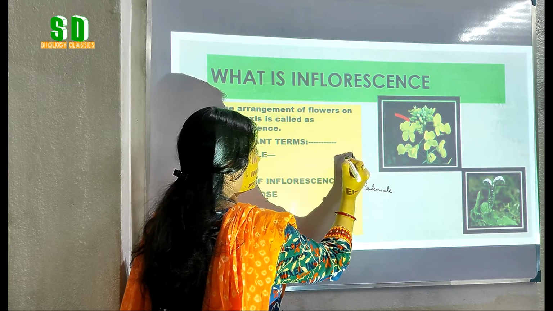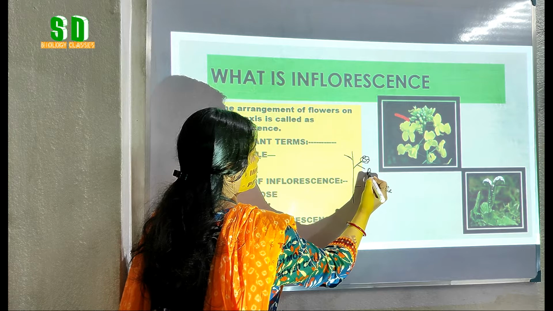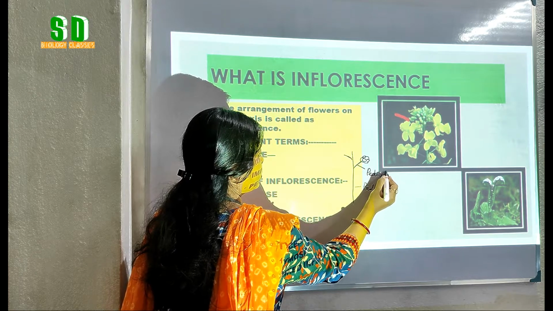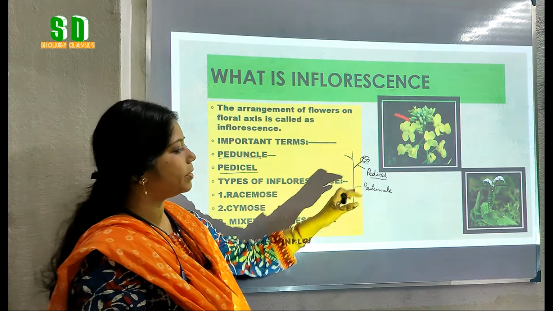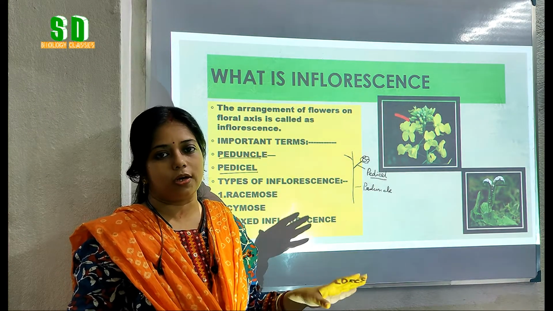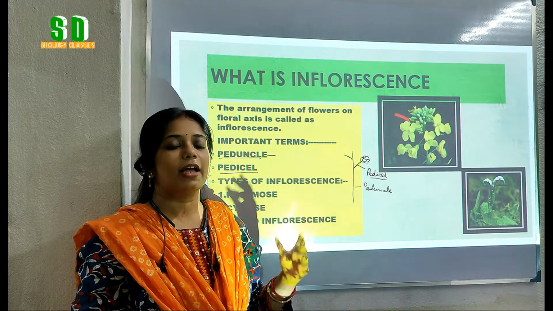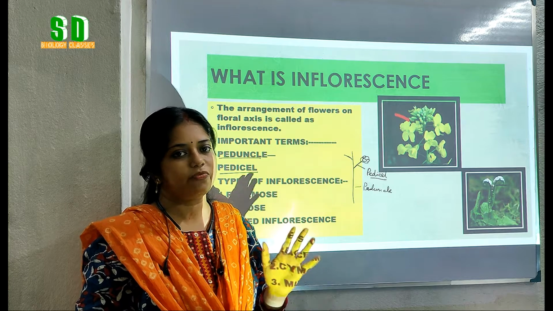Pedicel is the stalk of the flower by which the flower is attached on the peduncle. The flowers which have the pedicel are called pedicellate flowers, and the flowers which do not have the pedicel are called sessile flowers.